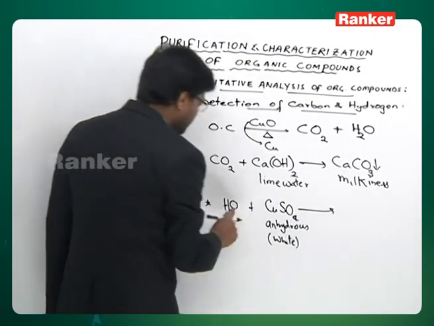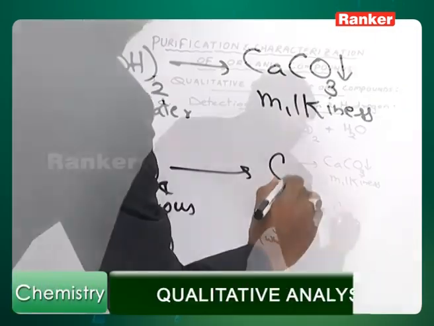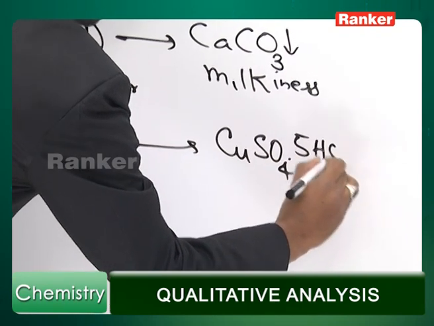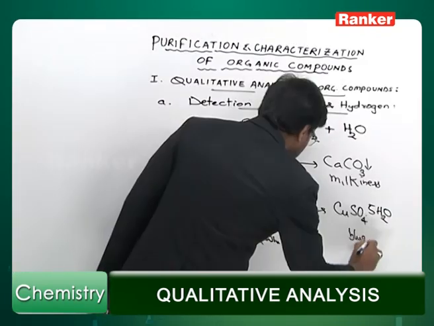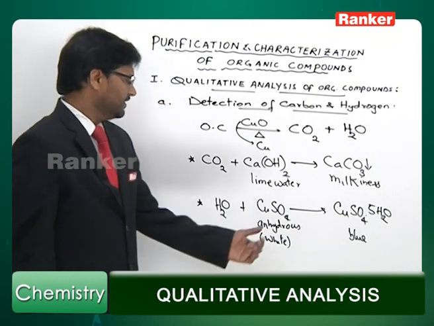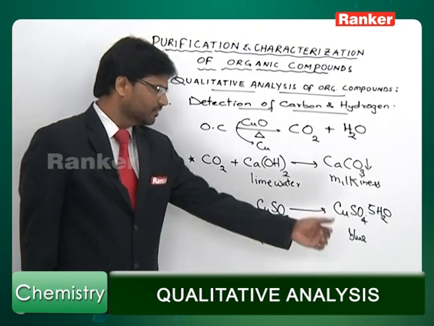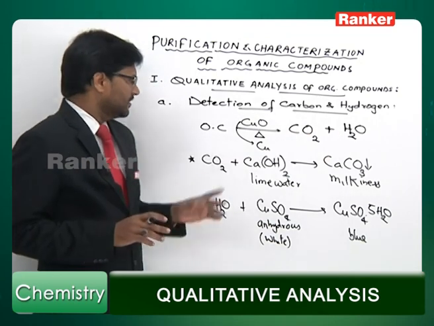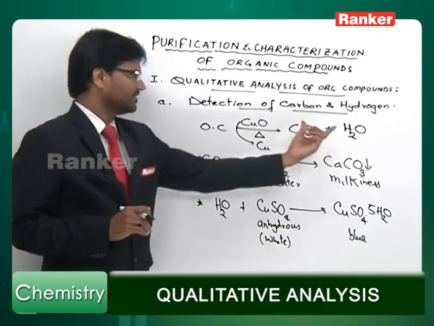Now, when it comes in contact with water, you get CuSO4.5H2O, which is blue. So, if the white copper sulfate turns blue, that indicates water formed in the reaction. So, this is how carbon dioxide and water are tested.